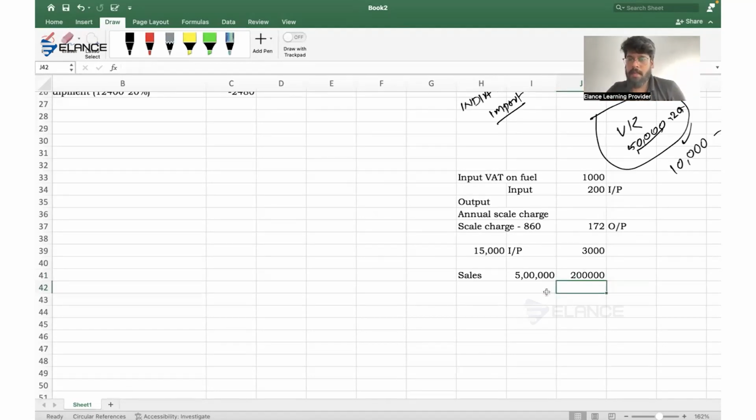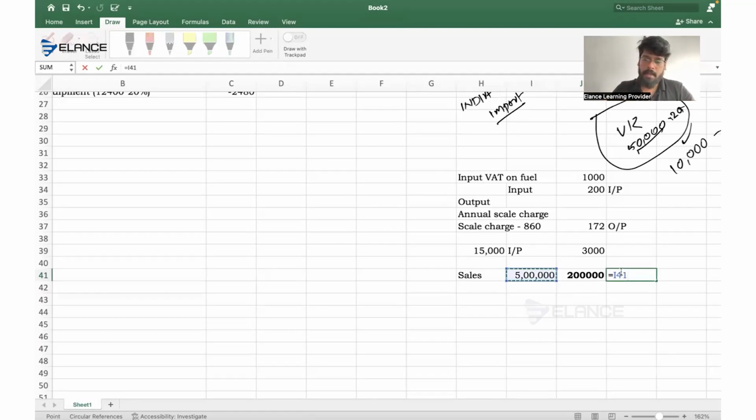So in our example, I made total sales of 500,000. Out of that, 200,000 is a credit sale. So in this quarter, I should pay output VAT on the basis of total sales, 500,000. So 500,000 into 20 percent, 100,000 I should pay as output VAT.